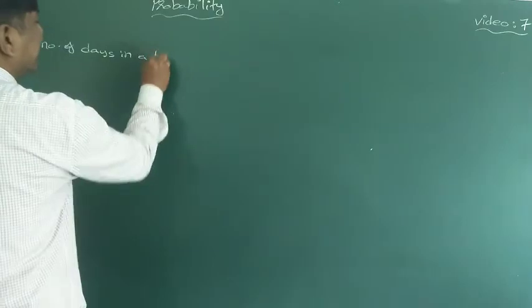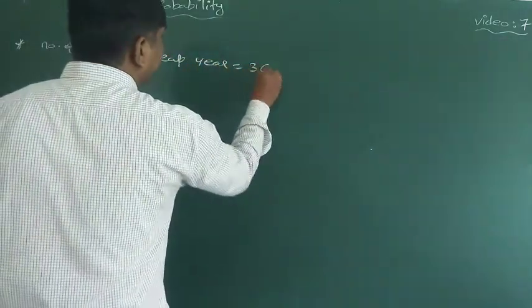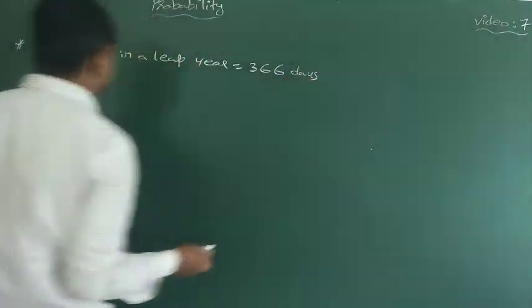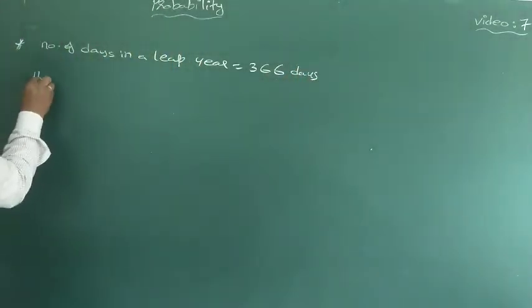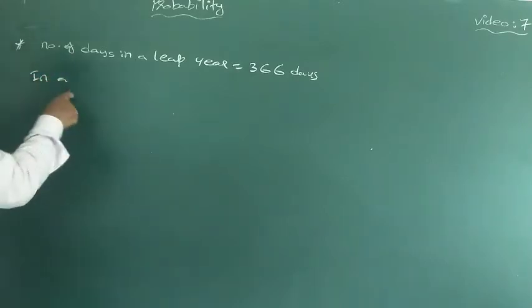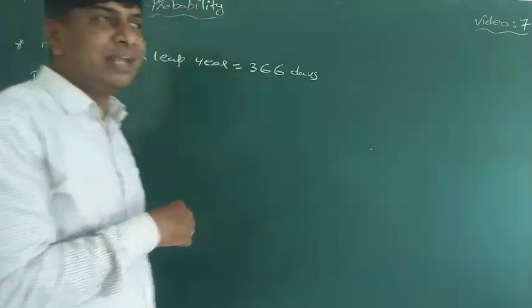The number of days in a leap year is 366 days. In the previous question, I may have written leap year by mistake; correct that to non-leap year.